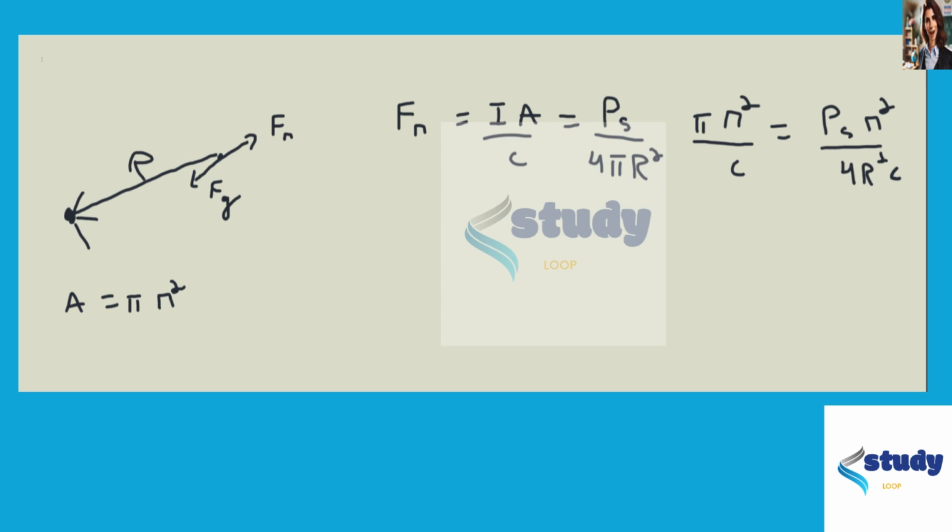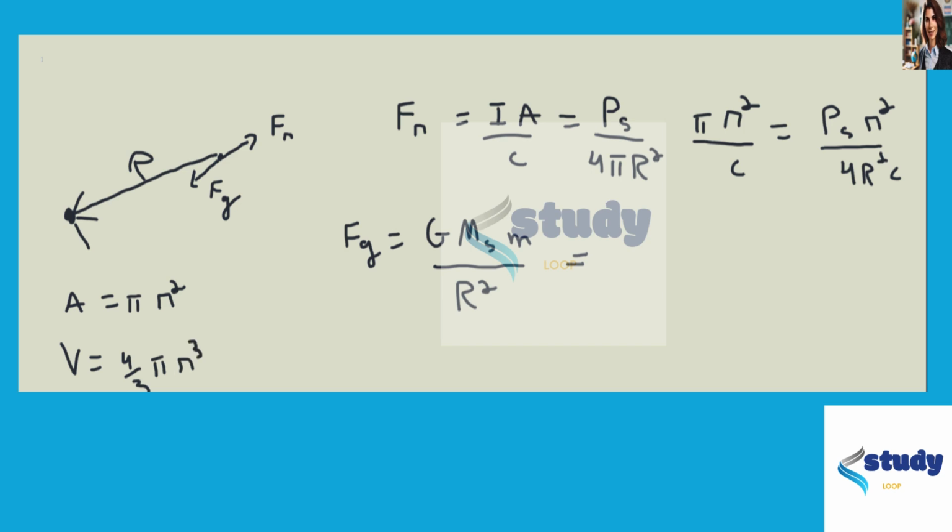Now the force of gravity is just Newton's constant, the mass of the sun, and the mass of this particle, divided by the distance away, R squared. We can write the mass in terms of the density because we are assuming it is a sphere, and the volume of a sphere is 4/3 pi r cubed.